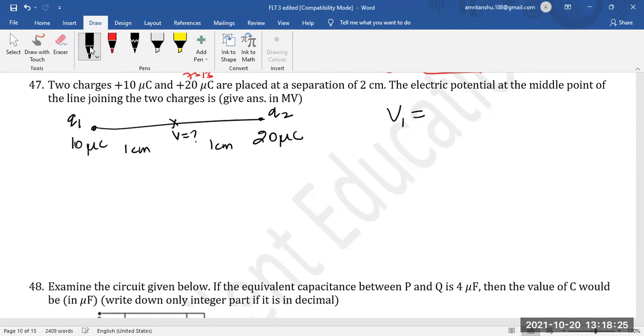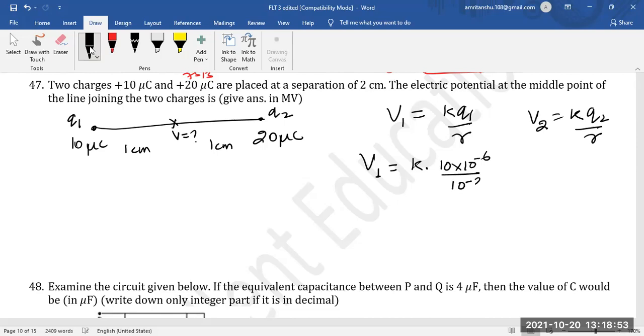V1 due to charge Q1 is KQ1 by R. V2 is KQ2 by R. So V1 due to Q1 is K into 10 into 10 raised to minus 6 upon R, which is 1 centimeter, 10 raised to minus 2. And V2 is K into 20 into 10 raised to minus 6 upon 10 raised to minus 2.